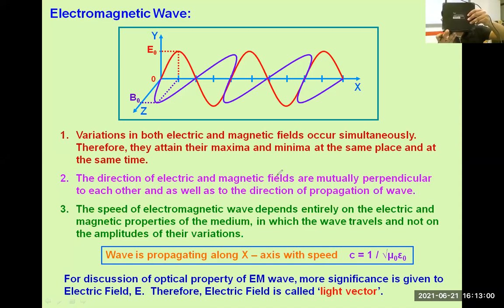This is the plane for the electric field. It means the electric field will travel like this, and the magnetic field will travel along this plane. Can you see this plane? They are perpendicular to each other. That is written here: the directions of the electric and magnetic fields are mutually perpendicular.